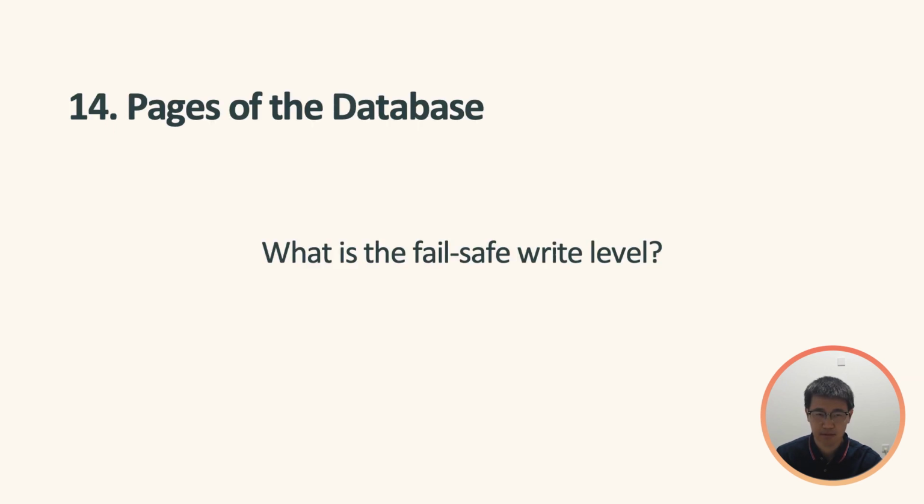Let's also discuss the fault-tolerant write levels, which refers to ensuring data consistency in the event of failure during write operations. When we talk about fault-tolerant write, we are referring to the atomicity of writing operations to storage devices, such as hard drives.